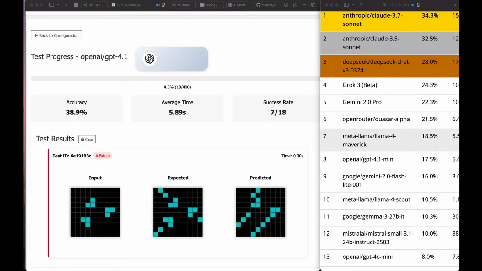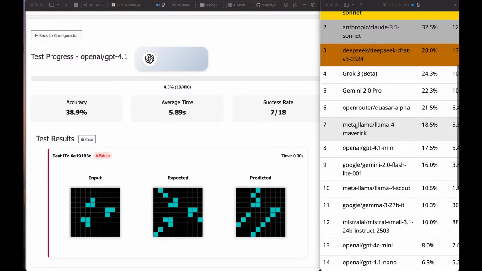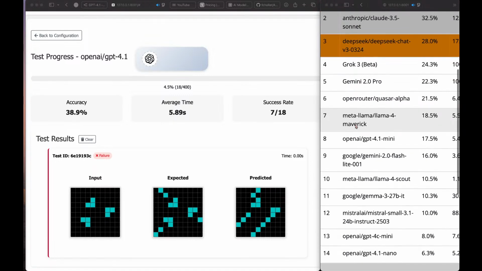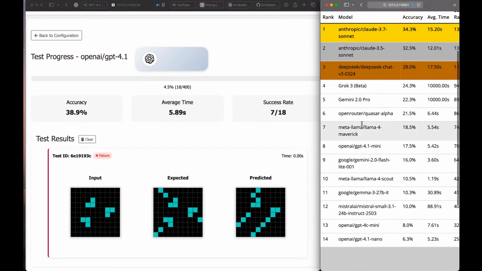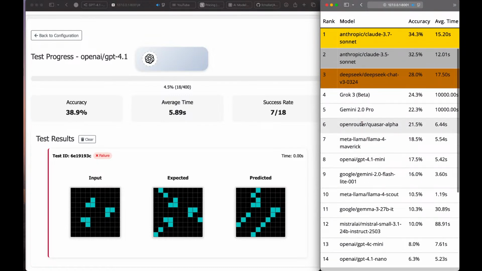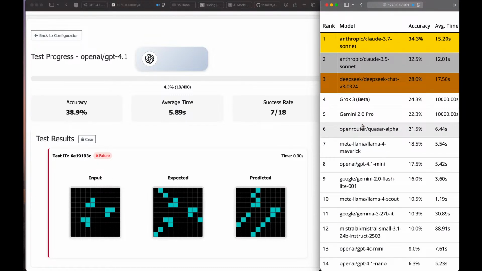Yeah, based on the performance of the mini and the nano models, even I think that there is very little chance, to be honest. But who knows?